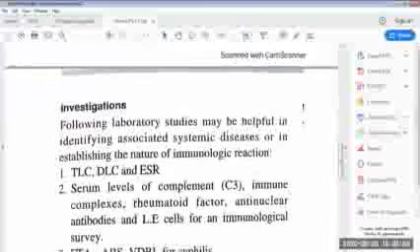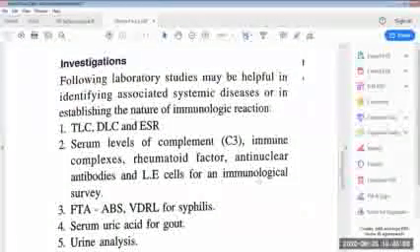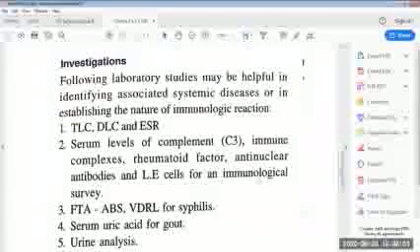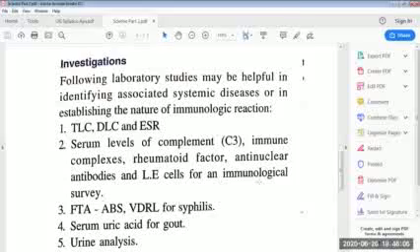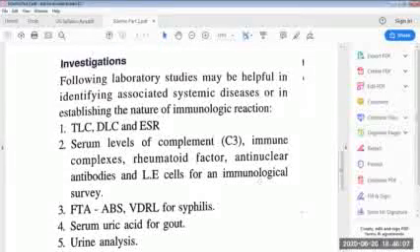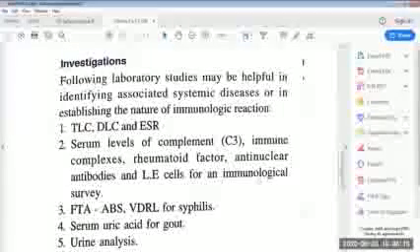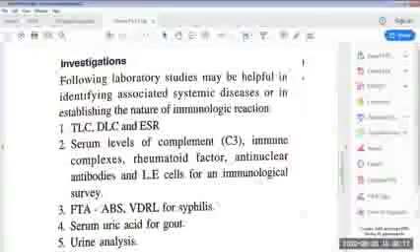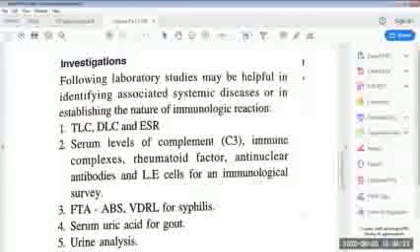Then we come to the investigation part. The laboratory studies may be helpful in identifying the associated systemic diseases or in establishing the nature of immunologic reactions. So for that we have to do the total leukocyte count, differential leukocyte count, and erythrocyte sedimentation rate. Then we could do the serum levels of complement.